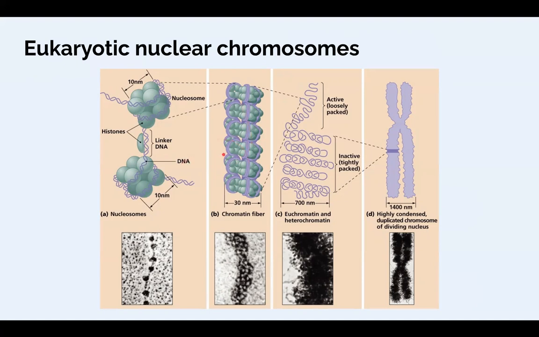So it adds up in complexity across larger scales, 10 nanometers, 30 nanometers, 700 nanometers, 1400 nanometers, and it's packed up. And then the packed up bits are packed up also. And eventually they get big enough that we could see them under a high-powered microscope. And this is the characteristic chromosome shape. As we'll see, this chromosome shape is not always present, but it's really there during the process when the DNA is being moved around.